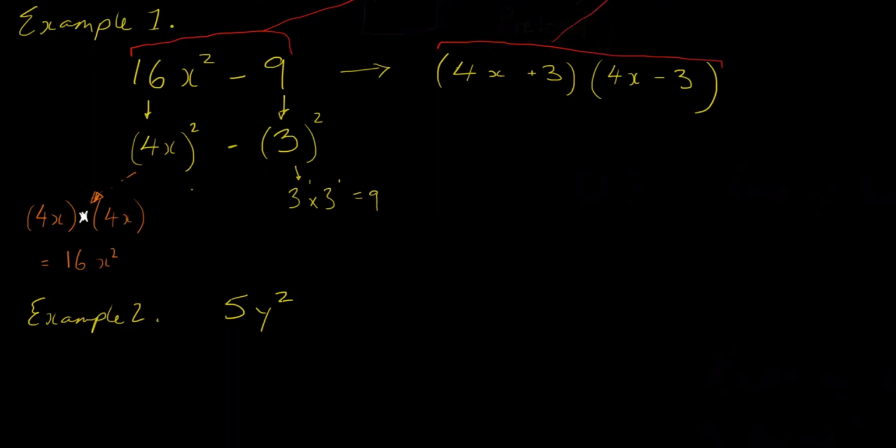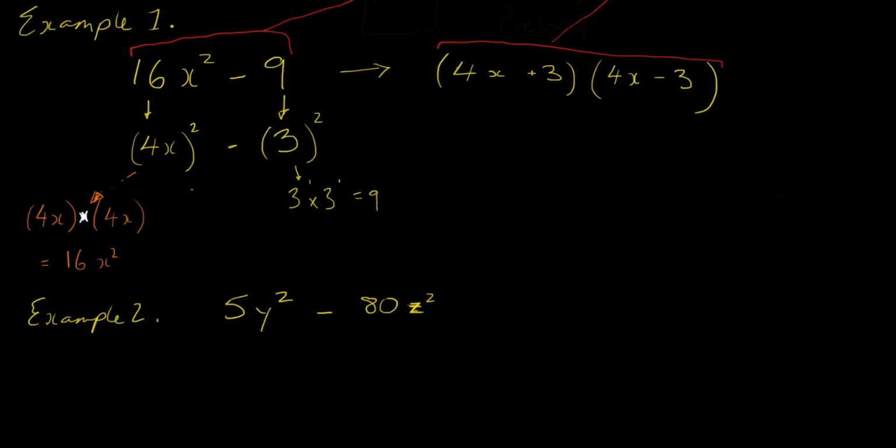5y squared. Probably not a great example, actually. I should have checked these, but it doesn't matter. It's meant to be a z. Z squared. So what can I do then?